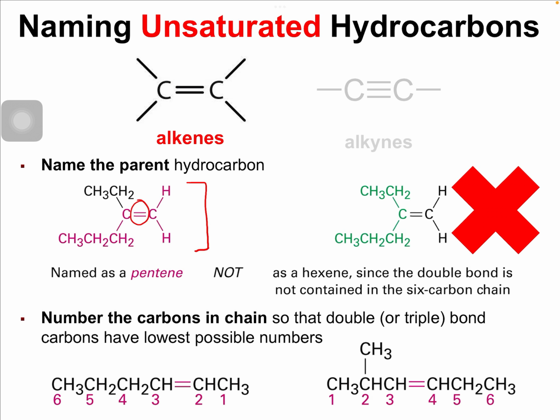So hanapin niyo na yung parent, hanapin niyo yung pinakamahabang tuloy-tuloy, papangalanan niyo, tapos kapag alkenes and alkynes, dapat mapasama sa carbon chain yung inyong double bond or triple bond. So on your right, this is the wrong version kasi tinawag niya siyang hexene, pero yung double bond ay hindi niya na-consider. So this one is wrong. Okay?